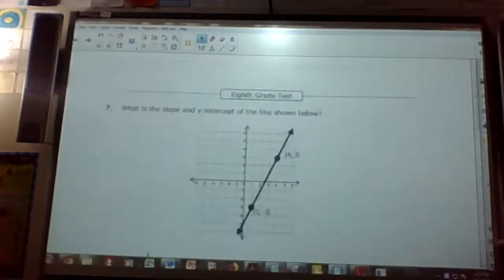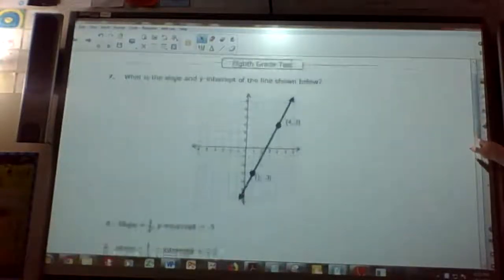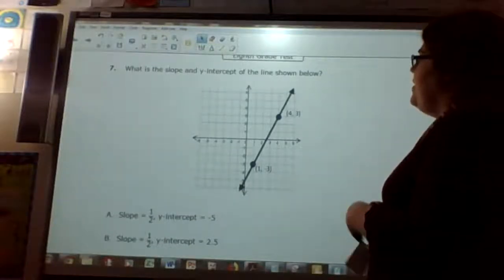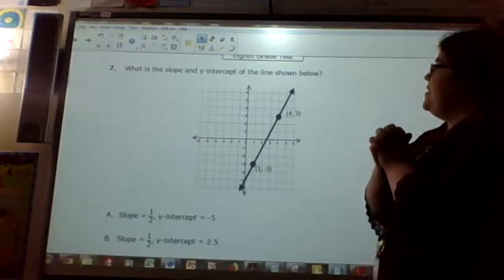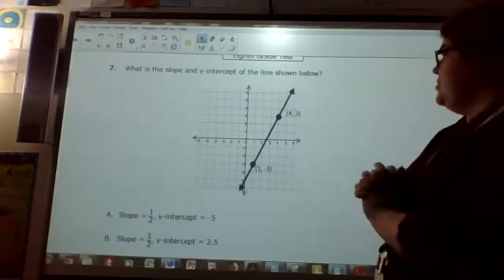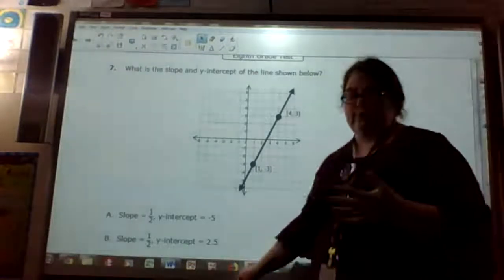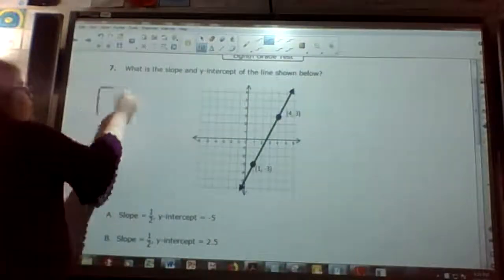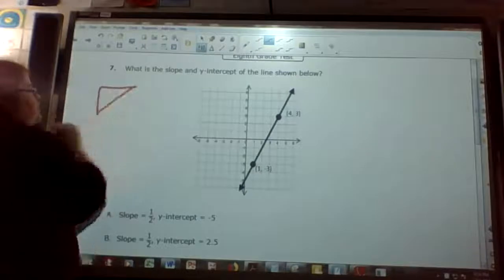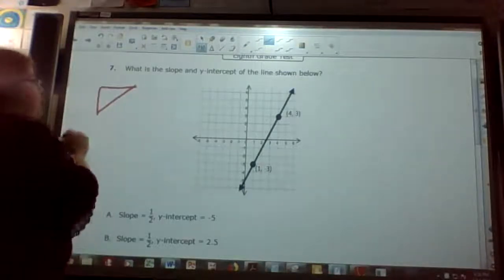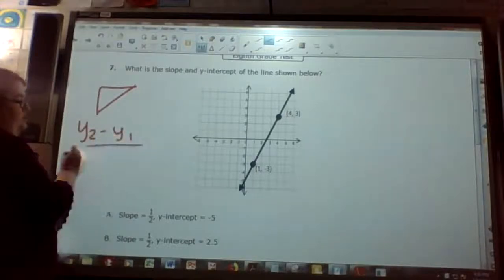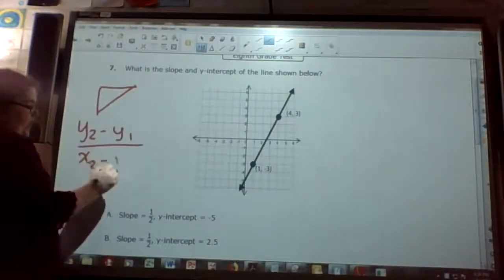Okay. Now we're on number 7. Ooh, now we're at slope and y-intercept. Yay! What is the slope and y-intercept of the line shown below? Now, slope. If you remember, you could do this a couple ways. You can do your rise over your run for slope, or you can use the formula y2 minus y1 over x2 minus x1.